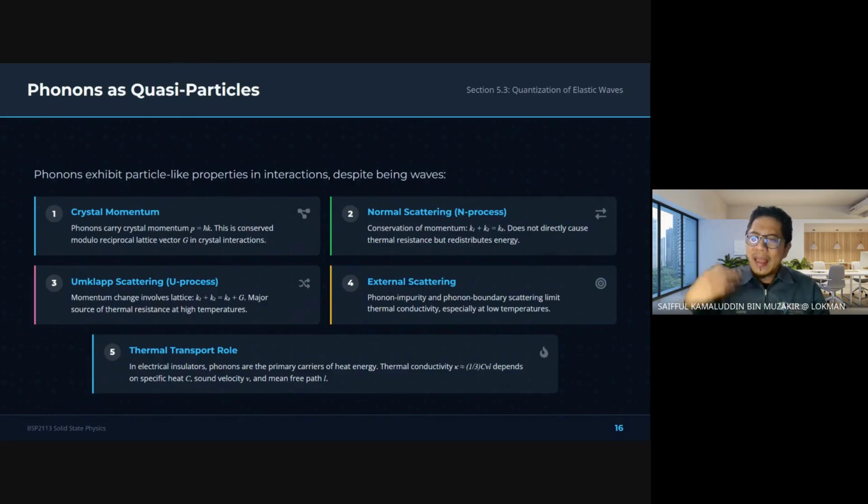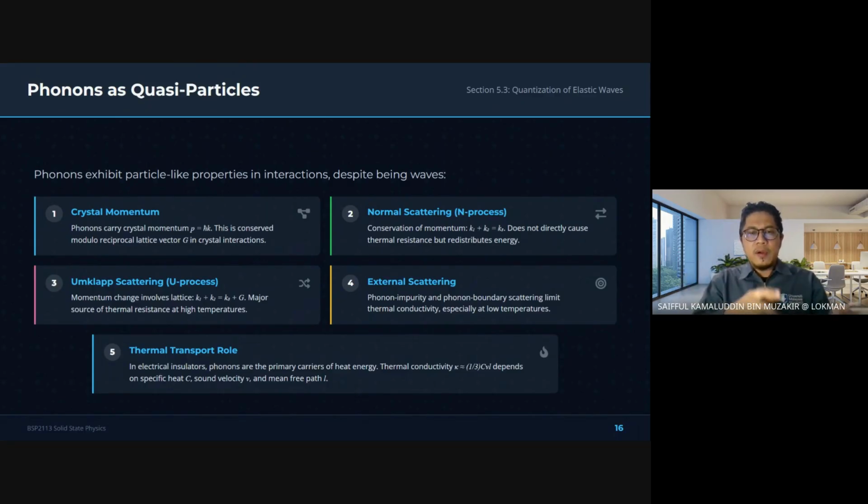Sometimes it has that duality as well. So we call it a quasi-particle. It's not really a particle, but sort of like a particle, partially particle. That is the phonon. This is a very useful concept in solid state physics.